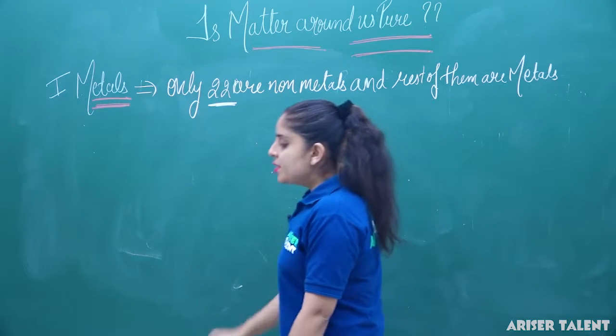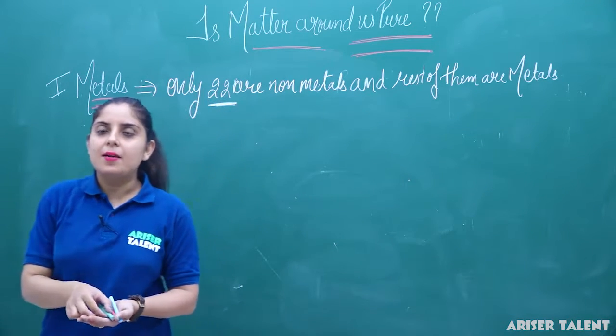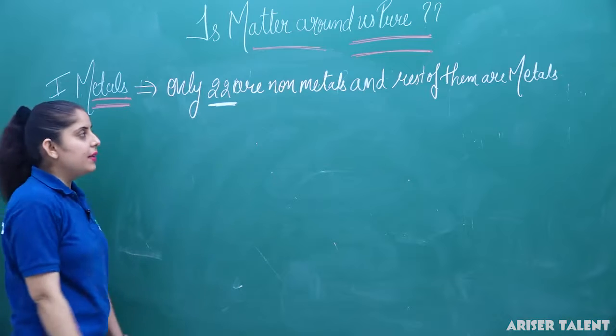Clear? The rest of the elements we have in nature are metals, only 22 are non-metals. Okay?